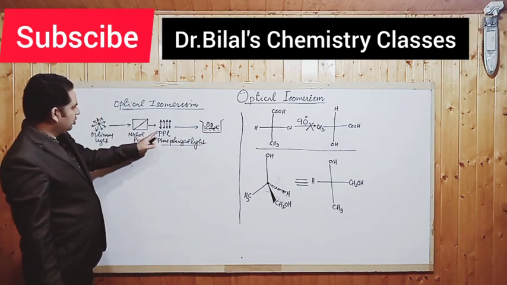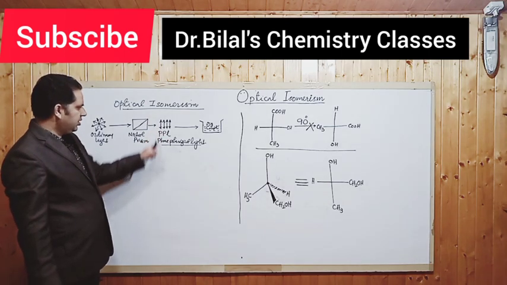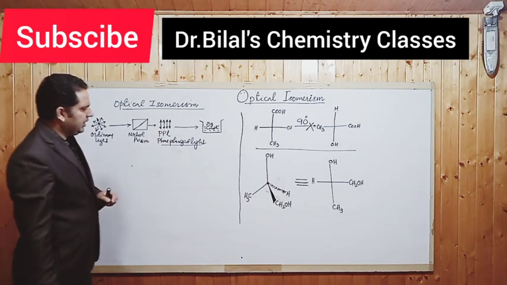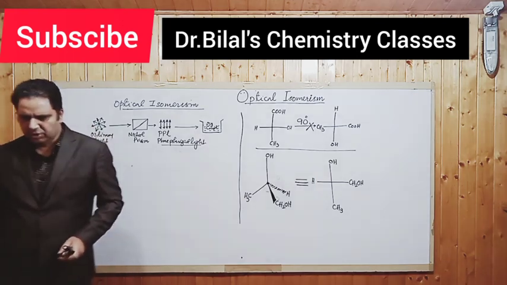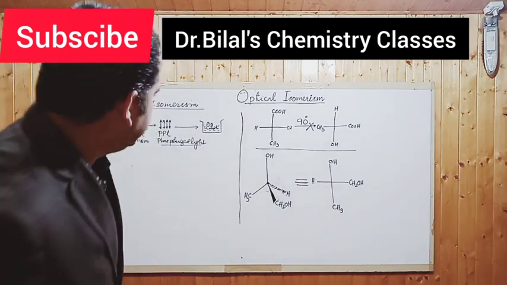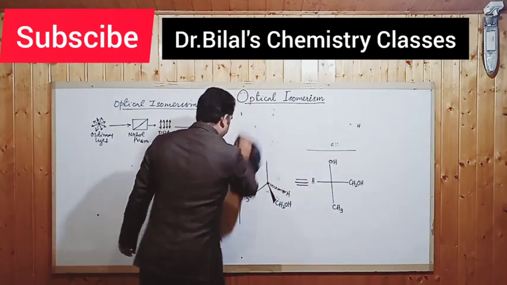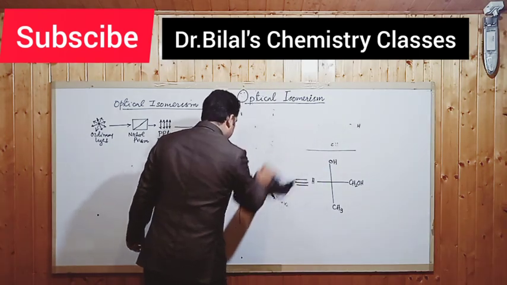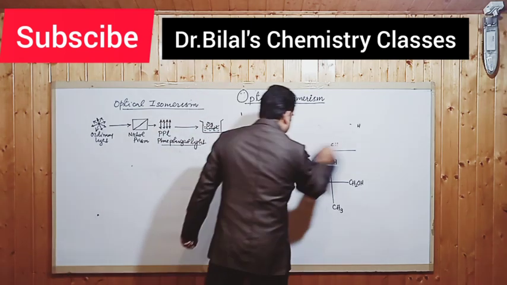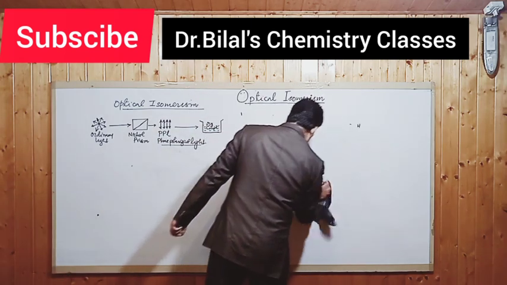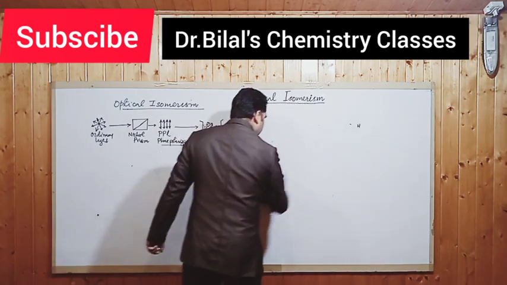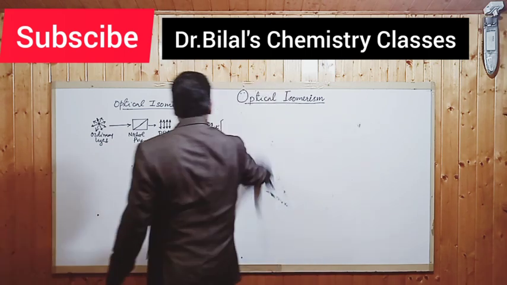that organic compound, or even an inorganic compound, some of them, not all, have the capability to rotate the plane of polarized light. Its plane is rotated either towards the right or towards the left, or there is no change in the plane of polarized light.